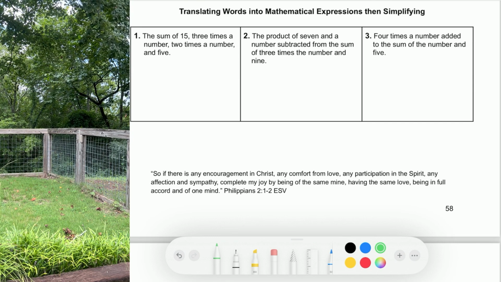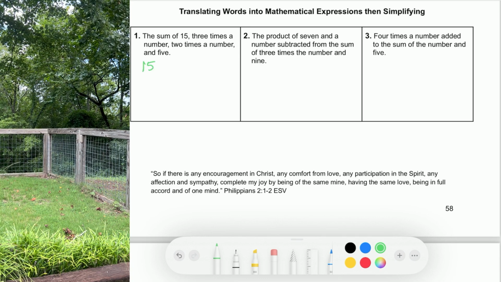So basically it says the sum of, and then it gives us a listing of what all is being added. So that's how we're going to write this out. So this is the listing of all the items that are being added together.